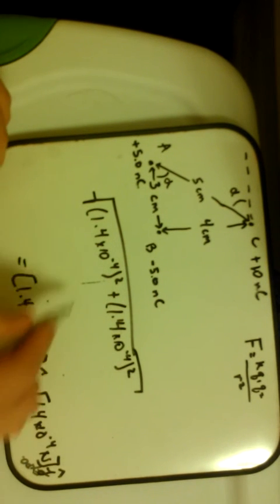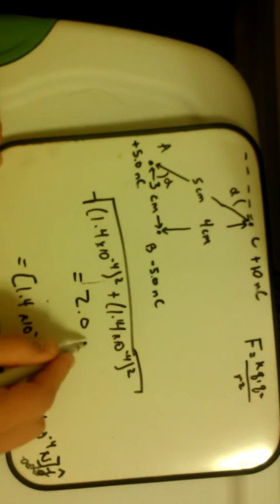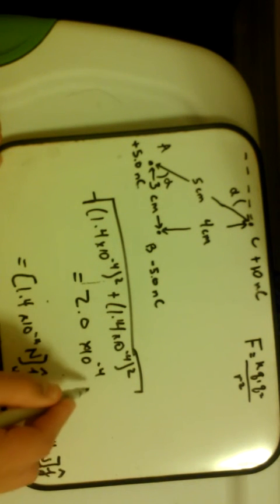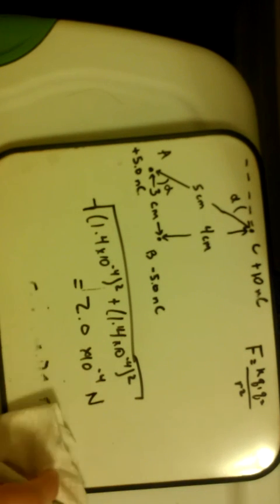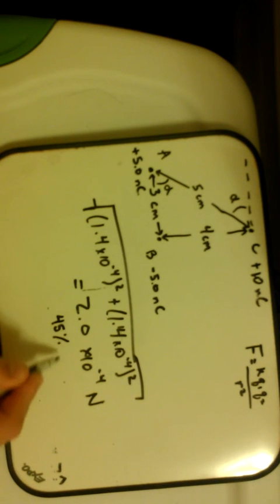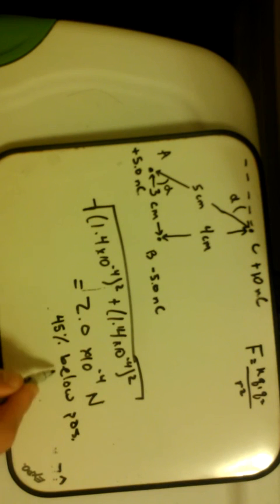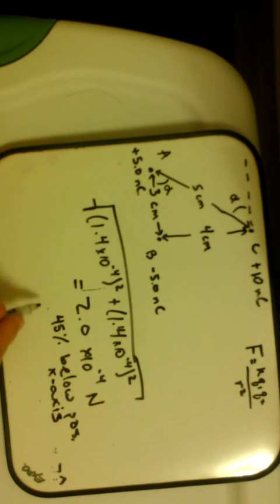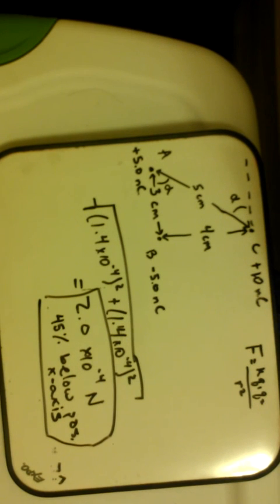Take the square root, and you'd come out with 2.0 times 10 to the negative fourth newtons, and that's at negative 45 degrees, or 45 degrees below the positive x-axis. And this is our final answer, the solution to this problem. Put a box around it, and we have completed section 26, problem 41.